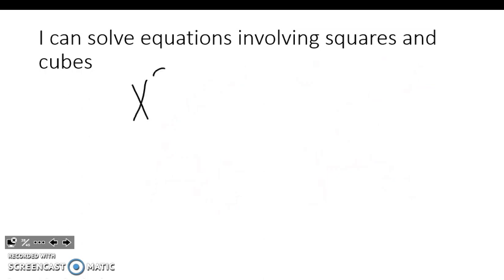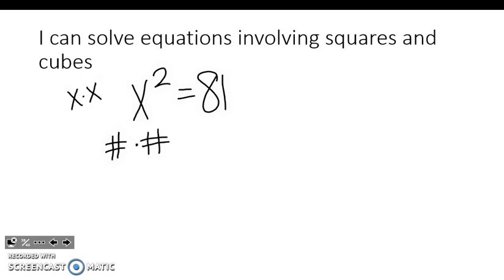We're going to start off with x squared equals 81. What we are trying to figure out is what number, because x squared means x times x. So what number times itself is going to equal 81? Some of you might already know that just by knowing your multiplication facts. But when we get into bigger numbers, some of you might not know automatically what that number is.